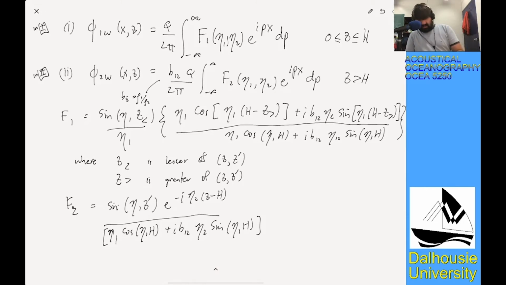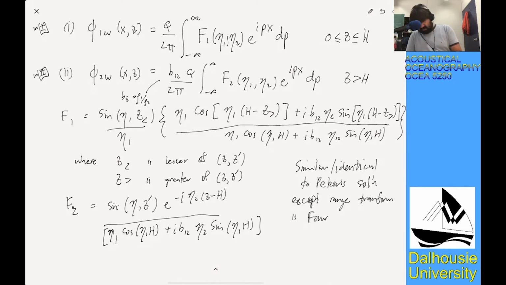So similar, I'm going to just say identical, because I can, to the Pekeris solution, except the range transform is Fourier instead of Hankel.